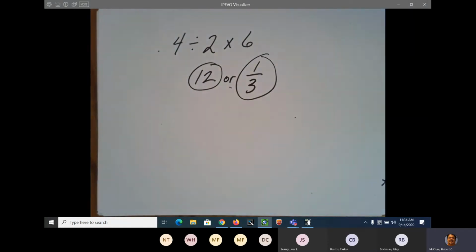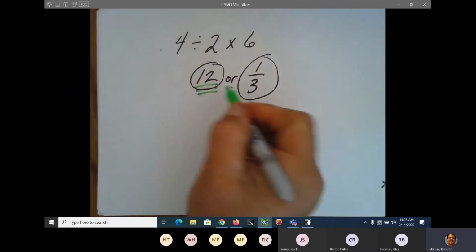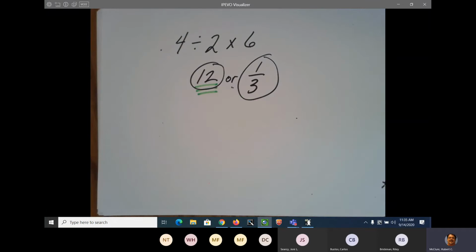Which one's the correct answer? Well, the correct answer, and I'll put it in green, the correct answer is 12. Well, Hubert, that goes against what I was taught 100 years ago. Please excuse my dear Aunt Sally. Well, please excuse my dear Aunt Sally is only good some of the time.